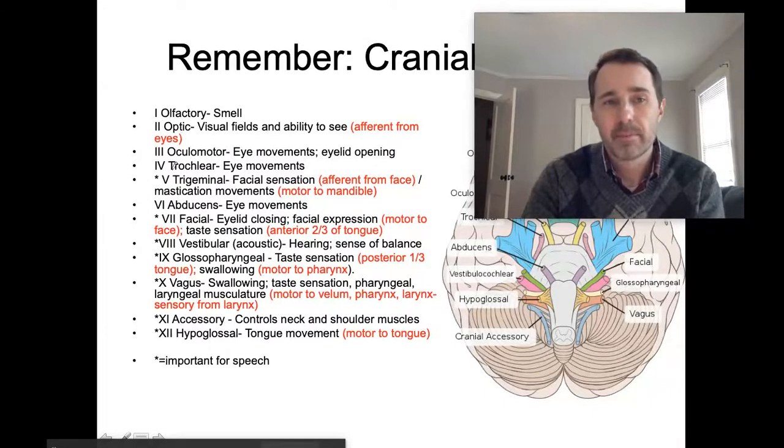Now let's back up. The trigeminal. This is a very speechy cranial nerve.